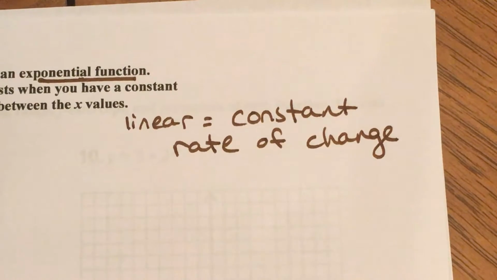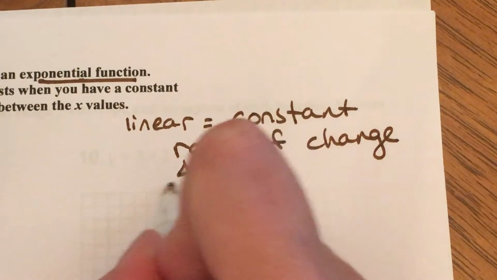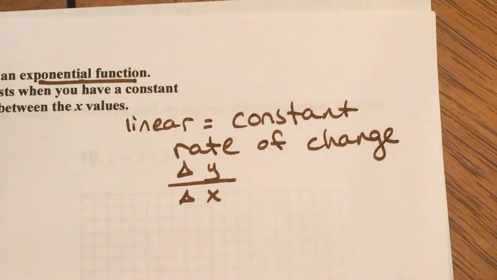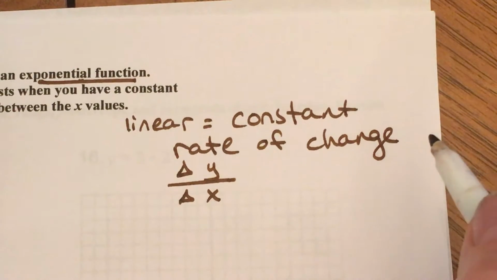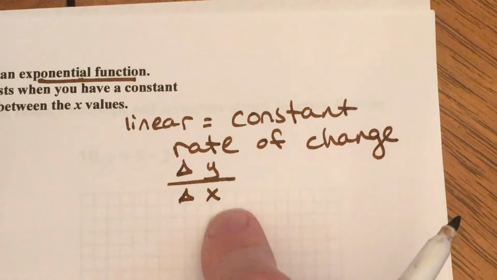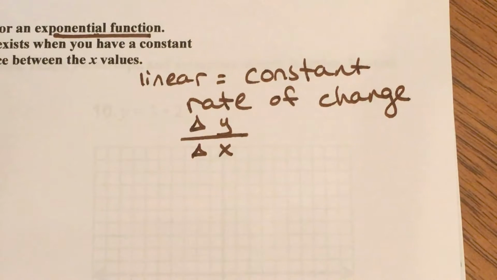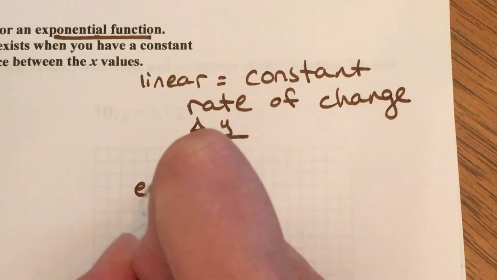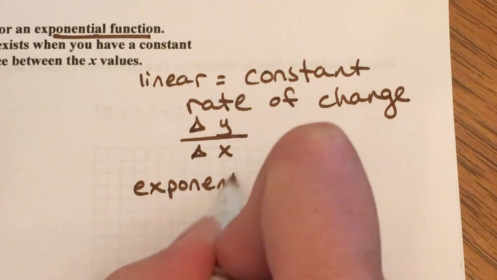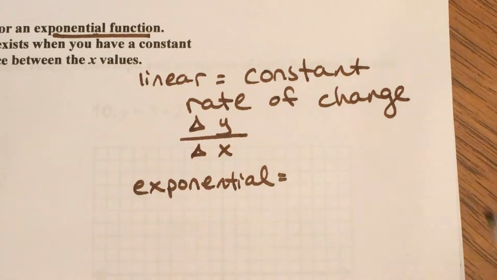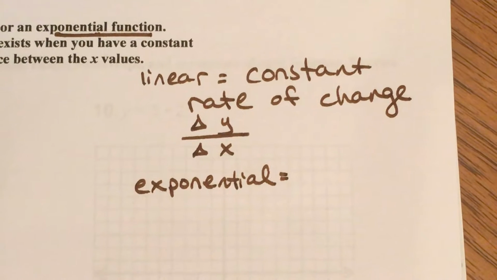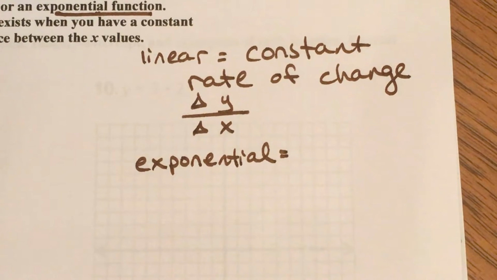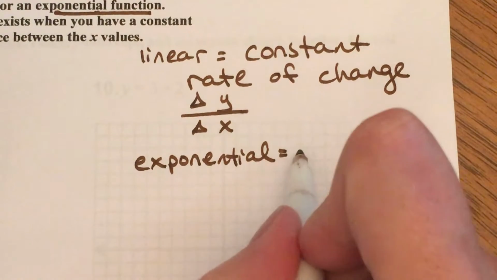The ratio of y's to x's is always the same. And that's something we should remember from first semester with straight lines and finding the slope. Exponential so does not have a constant rate of change. It really multiplies and grows at a crazy rate.